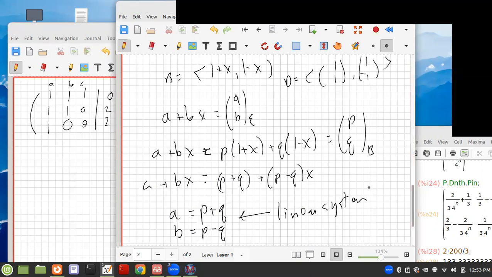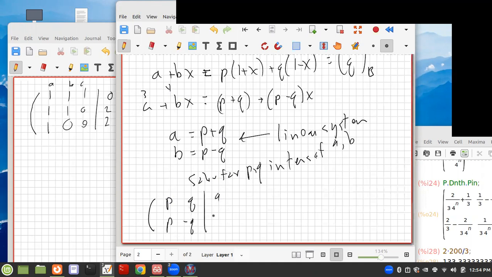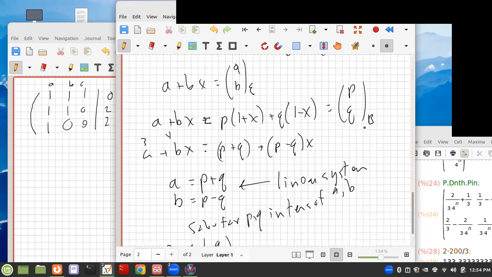So then you can solve for P and Q in terms of A and B. If you're given, like, 3, 4, right? This as a linear system, the augmented matrix, is going to be P plus Q, P minus Q, A, B. So you're given A and B, and you solve this for P and Q in terms of A and B, and then the result you get is this PQ here, and these aren't necessarily the same.